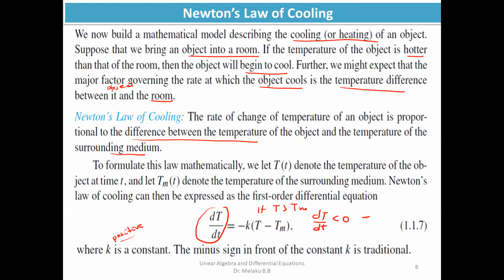This shows cooling. And if T is less than Tm, then T minus Tm will be negative, and negative times negative will be positive. So dT by dt will be greater than 0, which means now the object is heating. Why? Because our room is hotter than the object.